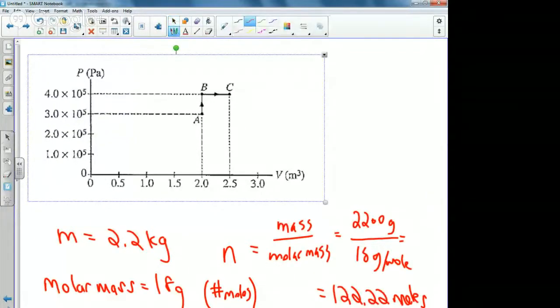Can someone tell me right now? You could do it from PV equals nRT: 3 times 10 to the 5th times 2 is equal to 122.22 times R times T, where R is the constant. And you can use PV equals nRT to find the temperature at A or the temperature at C, ultimately.